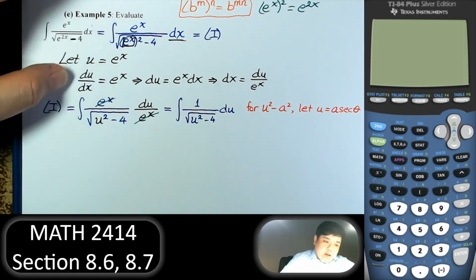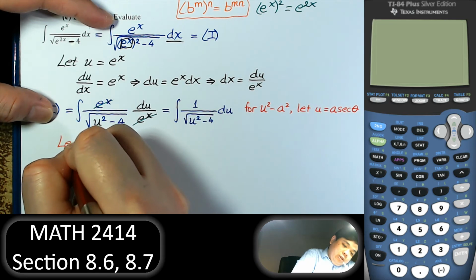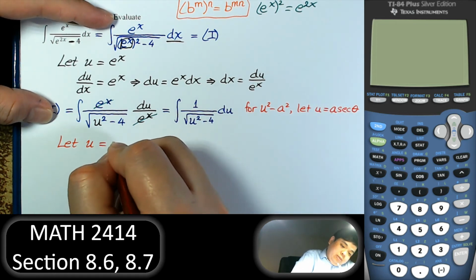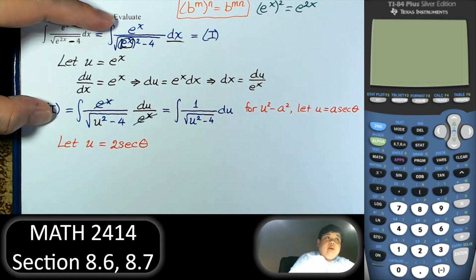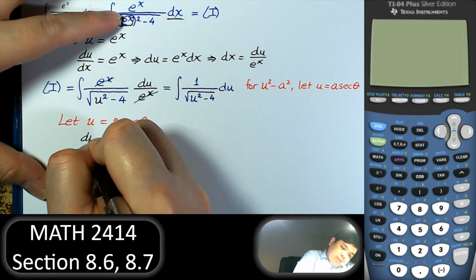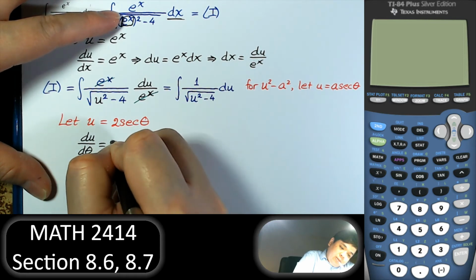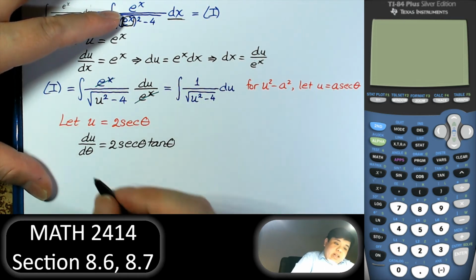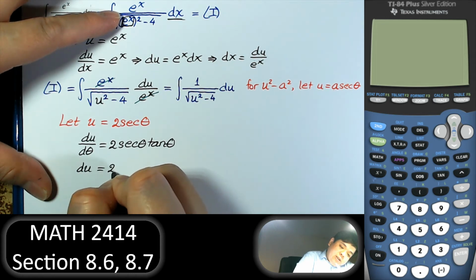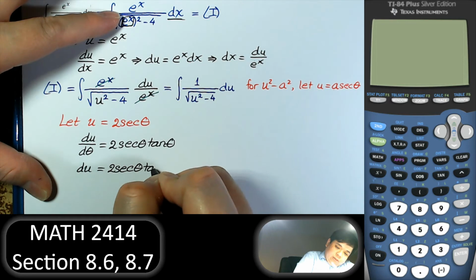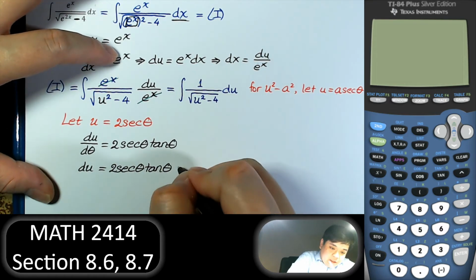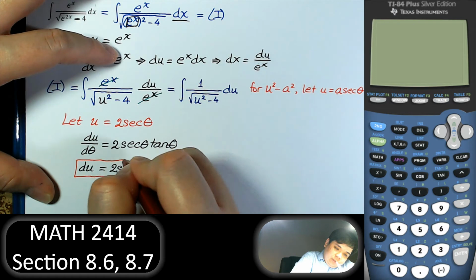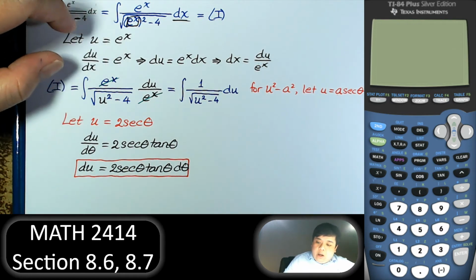So in this example, we're going to use the substitution: let u equal a, which is 2, secant of theta, and then we continue with the derivative. The derivative of secant is secant tangent. Move the d theta. Right.